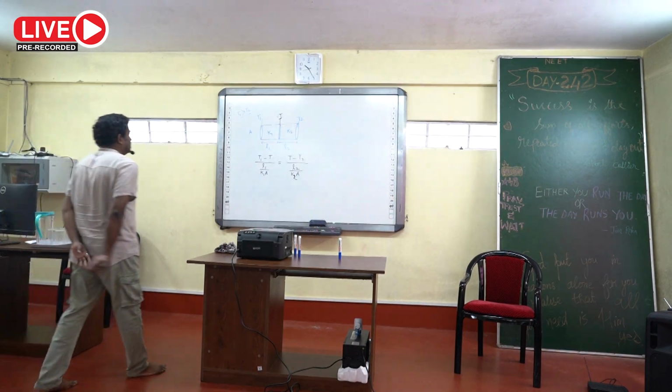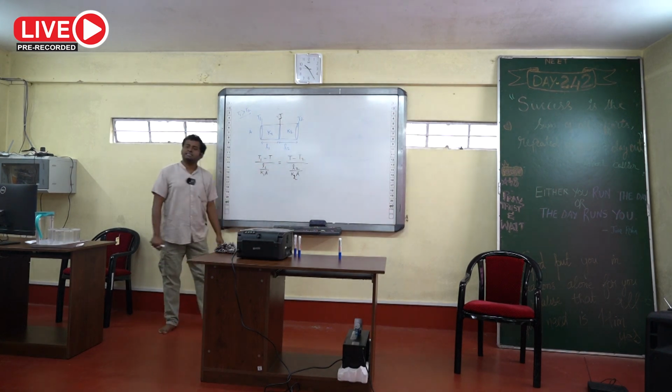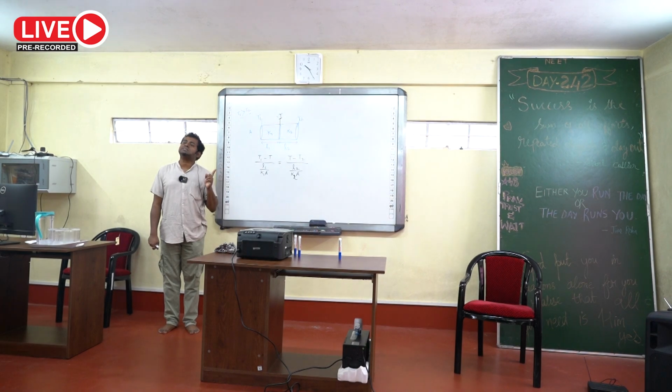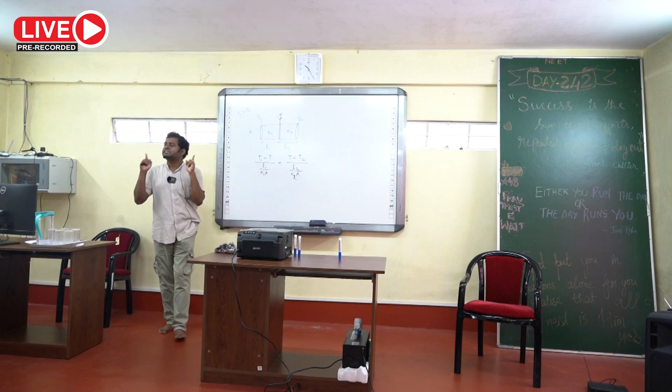Now consider this one is a single slab having length L1 plus L2 and having the same area of cross section A. Okay. Equivalent means we have to replace them by a single one.